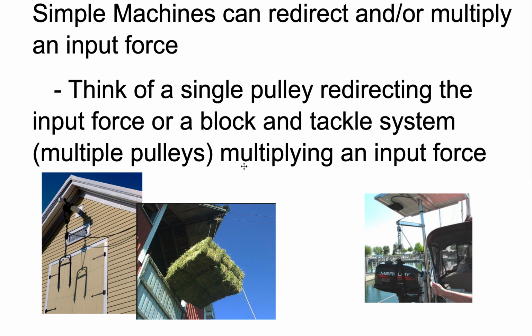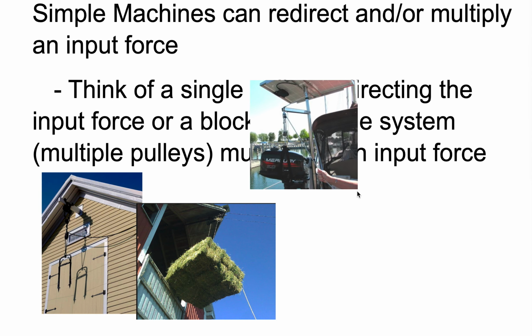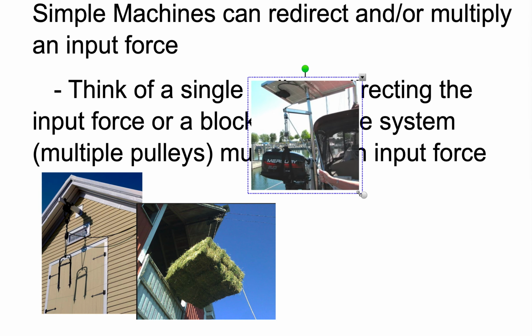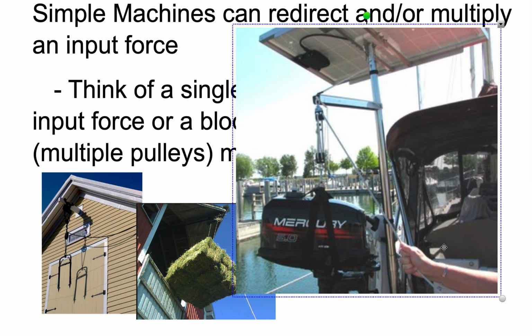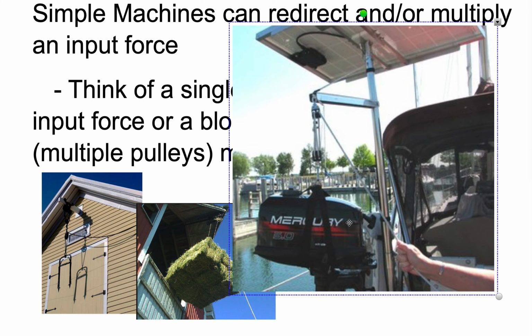And then in this example, here's someone installing a motor onto their boat. Now these motors are heavy and you may not be able to lug them around. I don't know if you can see this, but he has a system of pulleys. On each end there are 2 pulleys, and he has a rope wrapped around all of those pulleys and then onto the motor.